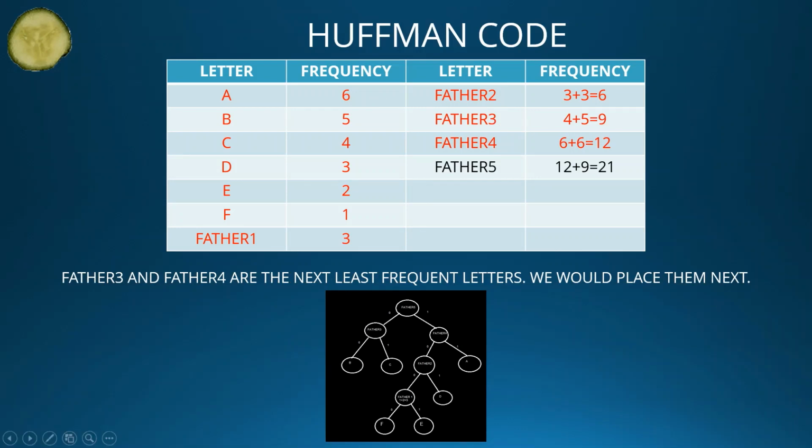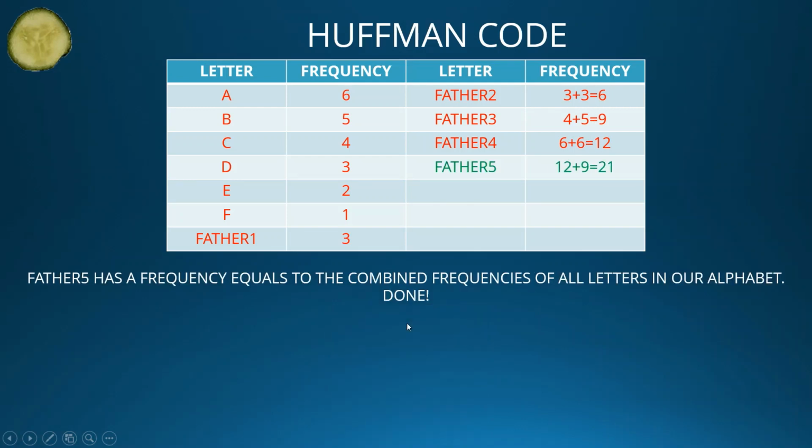We place them under Father 5. Therefore, the frequency of Father 5 is 12 plus 9, 21. Father 5 has a frequency equal to the combined frequencies of all letters in our alphabet: 6 plus 5 plus 4 plus 3 plus 2 plus 1 equals 21. Done.